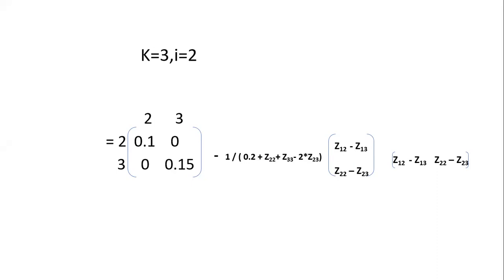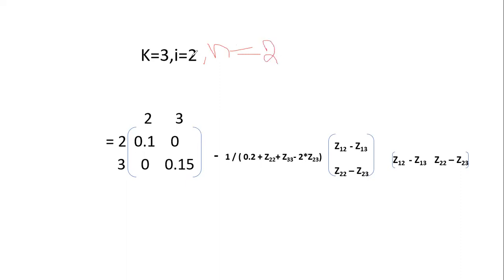Why? Because we have only 3 buses, and we consider one as the reference bus. The remaining buses are 2. This matrix is a 2 by 1 matrix and this is a 1 by 2 matrix. Therefore, n is considered as 2.